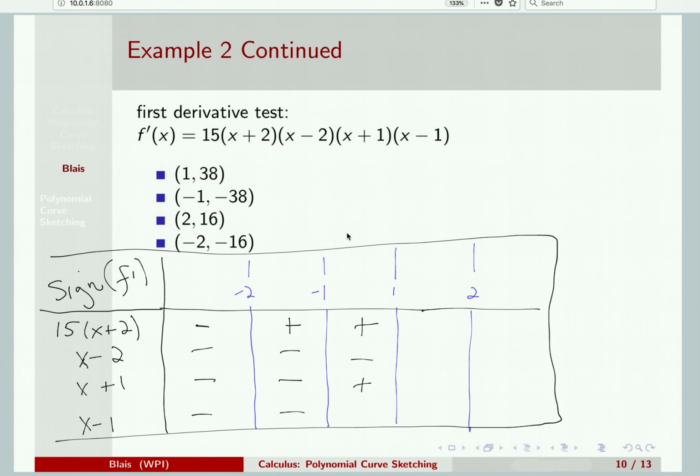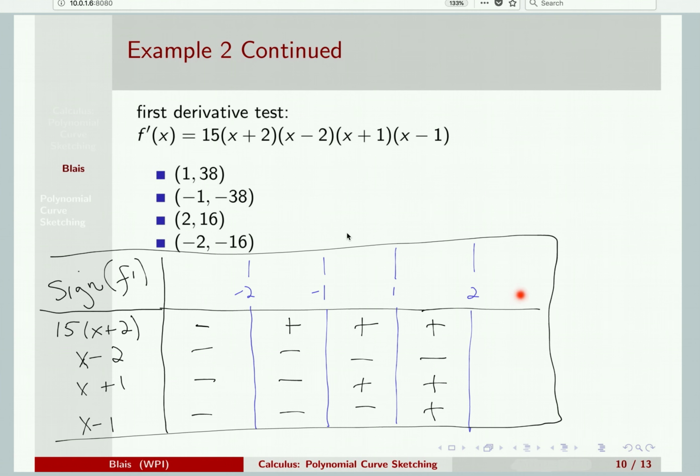0 minus 1, negative. Something between 1 and 2, say 3 halves. 15 times 3 halves plus 2 is positive. 3 halves minus 2, that's negative a half or negative. 3 halves plus 1, it's 5 halves, positive. 3 halves minus 1 is a half or positive.